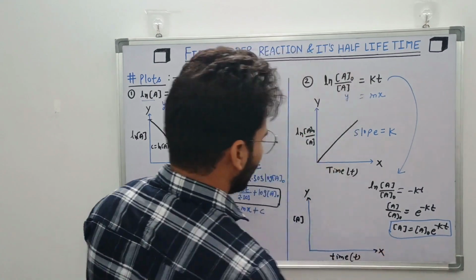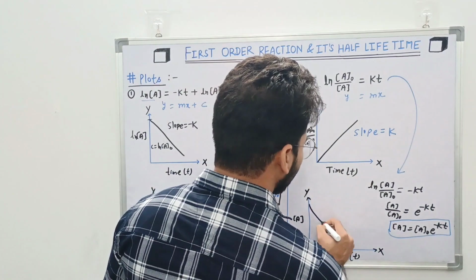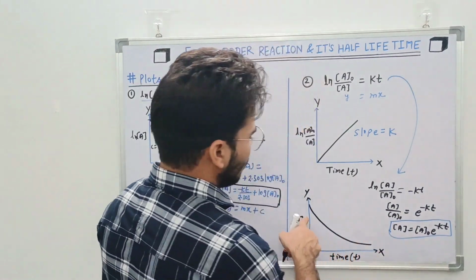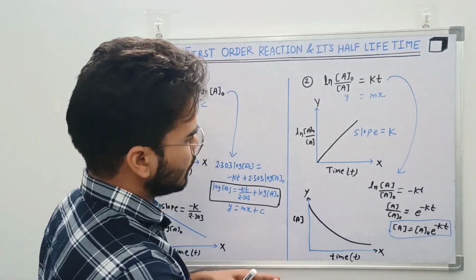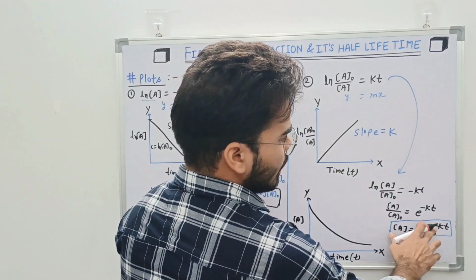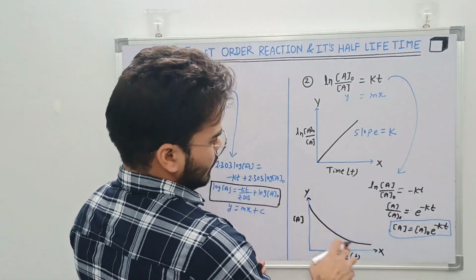When we plot the graph between concentration A and time t, we get a graph like this. Because e is an exponential function, the graph of an exponential function is this type. But here you can see there is a negative sign, so our graph is decreasing.